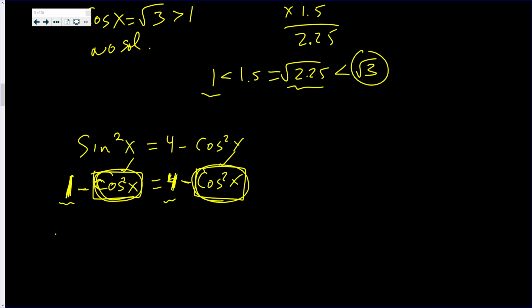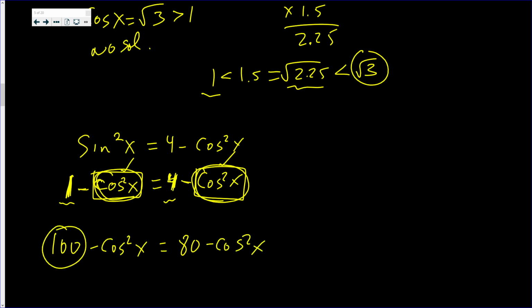Okay, let's make the numbers a little bit bigger so it's more realistic to what I'm about to say. If you have $100 in the bank and I have $80 in the bank, and we both take away the same amount, how can it be equal?